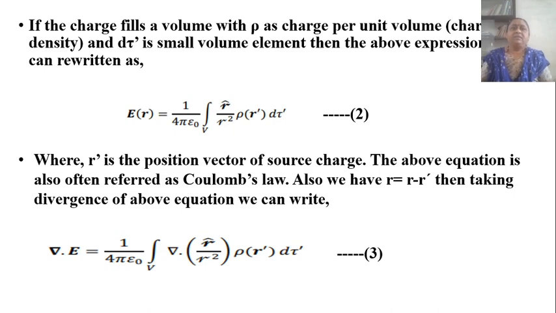If the charge fills a volume with rho as charge per unit volume, that is the charge density, and d tau is a small volume element, then the above expression can be written as E equal to 1 upon 4 pi epsilon 0 integral over V R cap upon R square into rho(R dash) d tau, where R dash is the position vector of source charge, and the above equation is also often referred to as Coulomb's law.